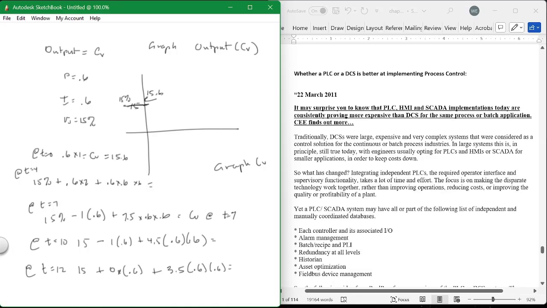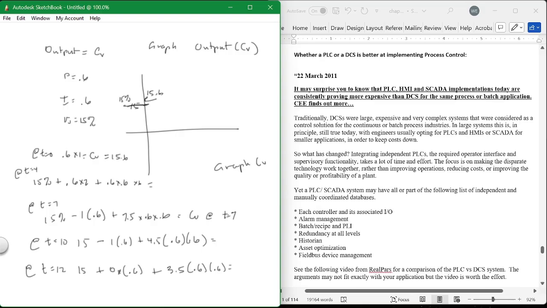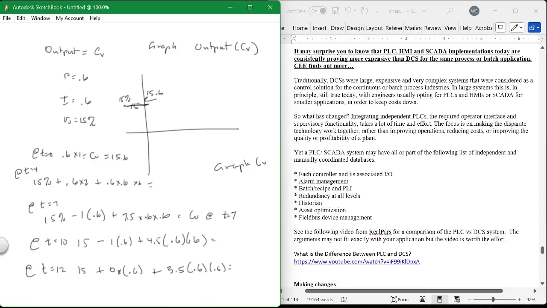Okay, again, I don't want to get into the arguments between those who like PLCs and those who like DCS systems, but there are some of the arguments against PLCs and for DCS systems. And you can figure it out very quickly that they want you to buy a DCS system. And I'm just pointing out that here's another comparison of DCS and PLC systems.